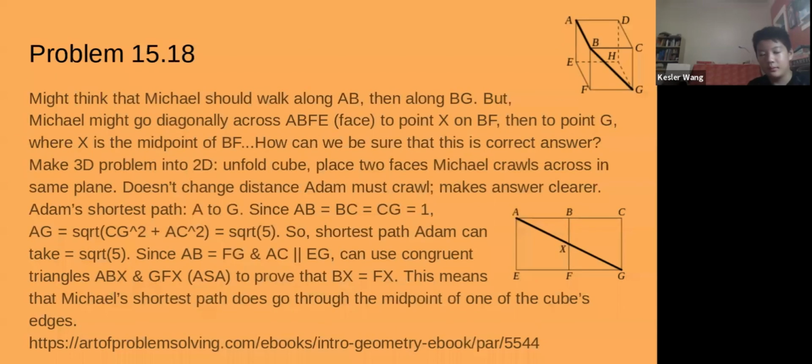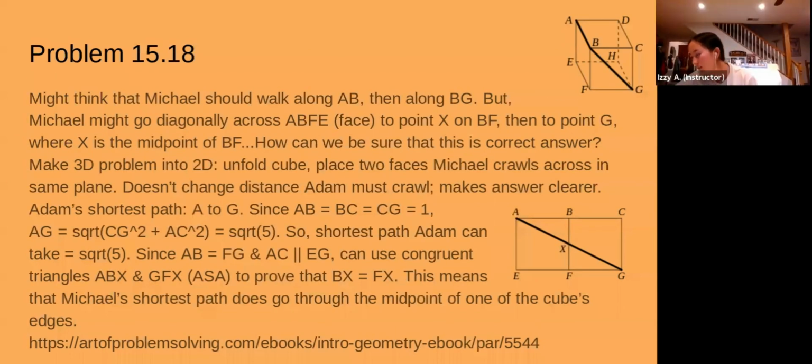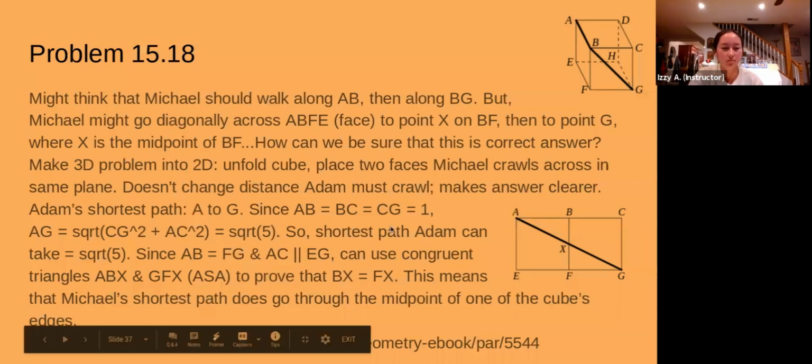Oh, there's no answer. So I think this is just additional information, but the shortest path was square root 5.